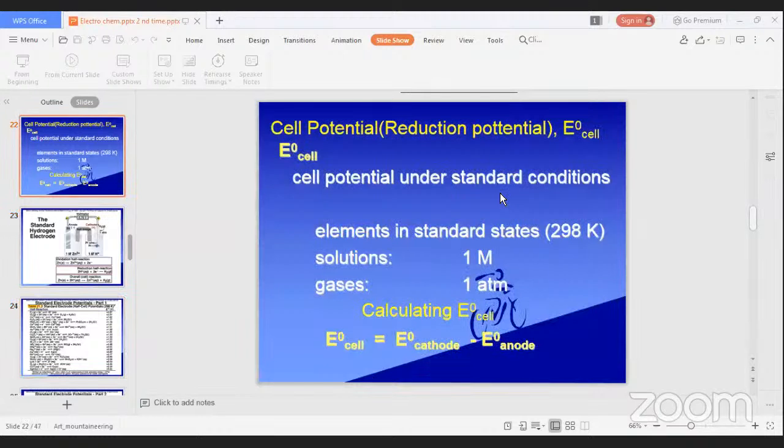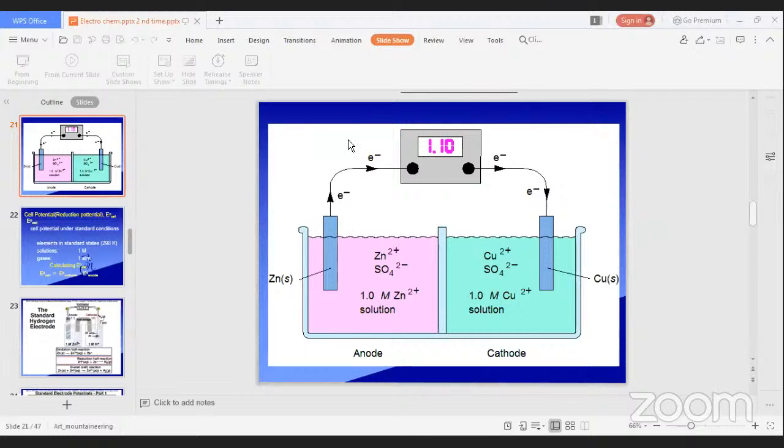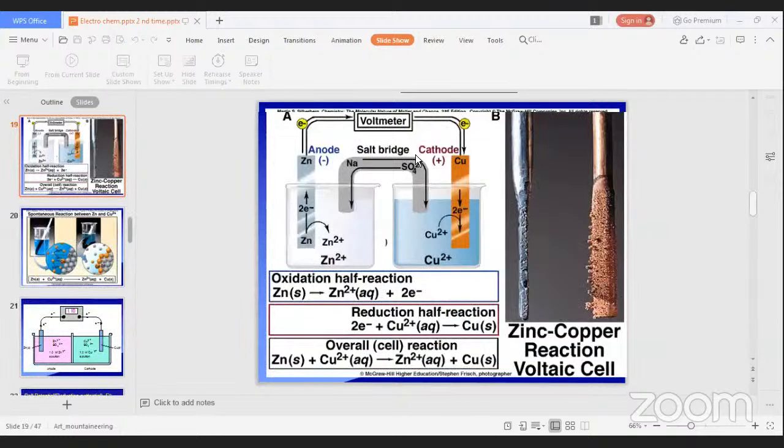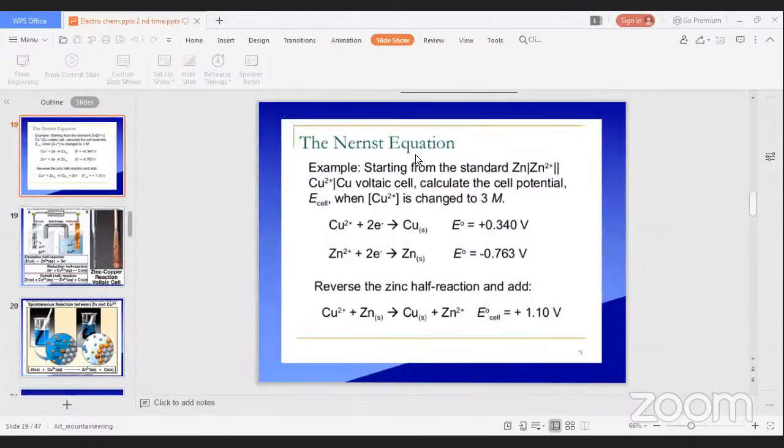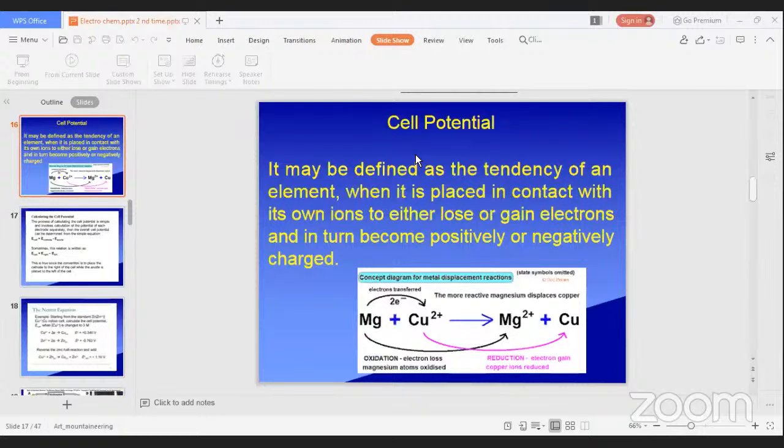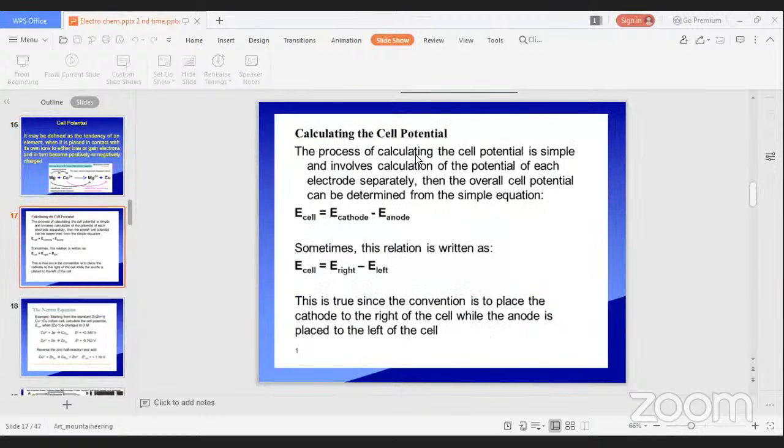Now we are discussing the cell potential. By taking the standard hydrogen electrode, the E value of the standard hydrogen electrode equals 0, and by using that we can calculate the corresponding cell potential values.